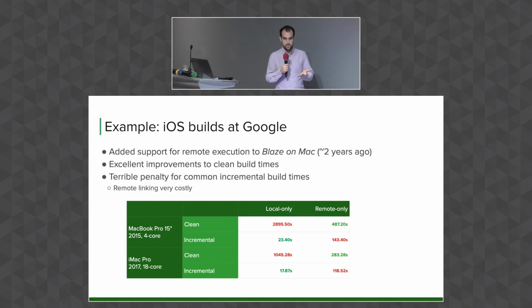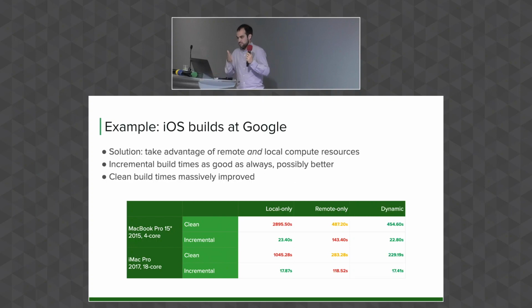We could fix that, and we have actually fixed it. We made remote linking much better. But still, you can't beat local linking, for example, when all the files are already there. Right? Having to send anything remotely will already kill your performance. So the idea of the dynamic execution is to solve this. If you can take advantage of both remote and local resources at the same time, you essentially get, for each row, the best of both worlds, right?